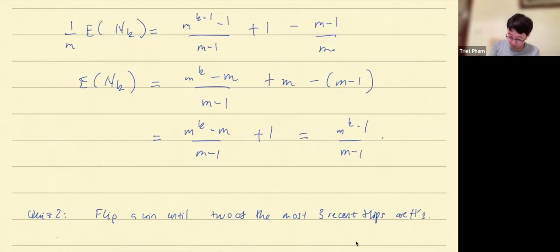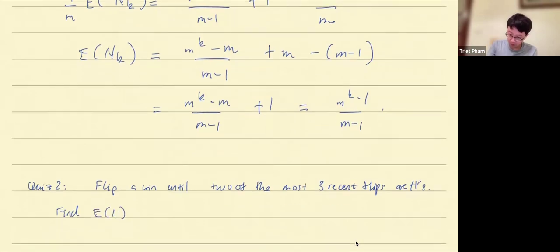Then find the expectation of the number of flips until that happens. This is question number 23.